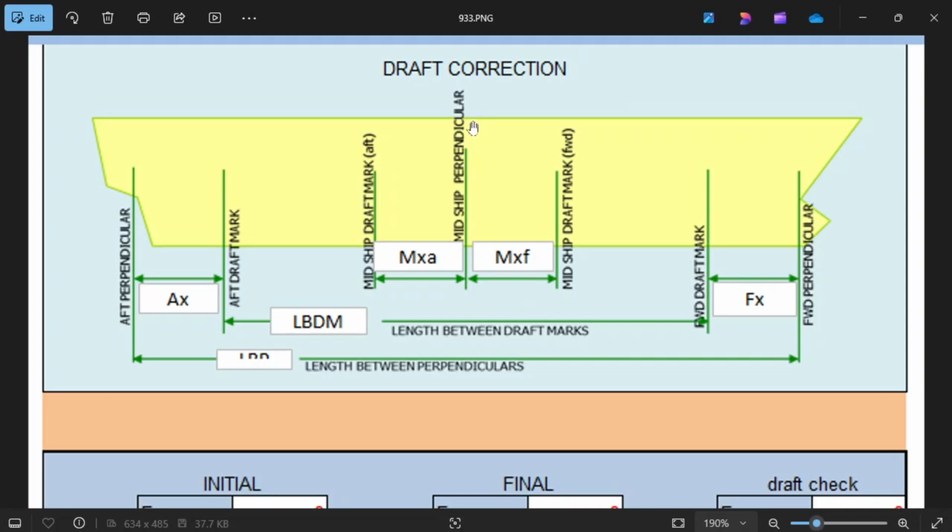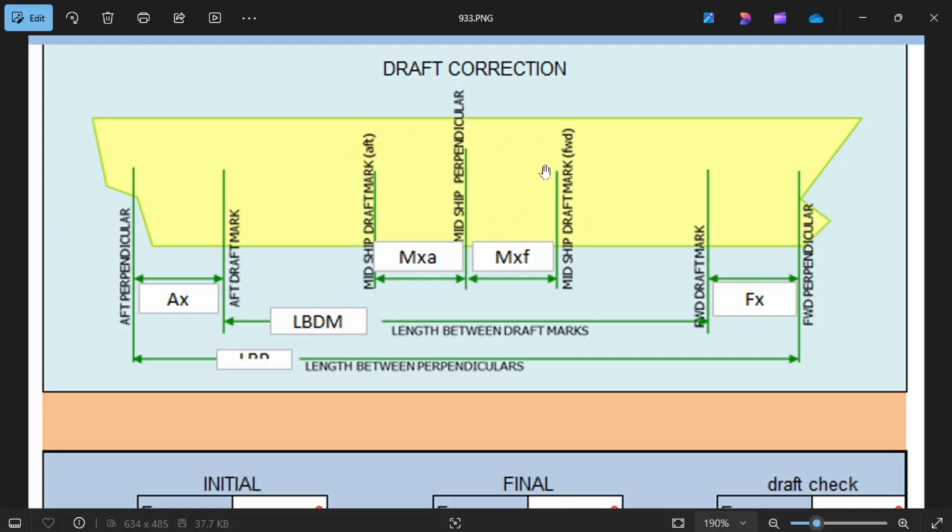Then we have, in other vessels, this midship correction. Okay, so it says here midship drop forward and midship drop up, and we have here the midship perpendicular. So this is your midship perpendicular. In other vessels, you have this midship drop mark forward and midship drop mark up.